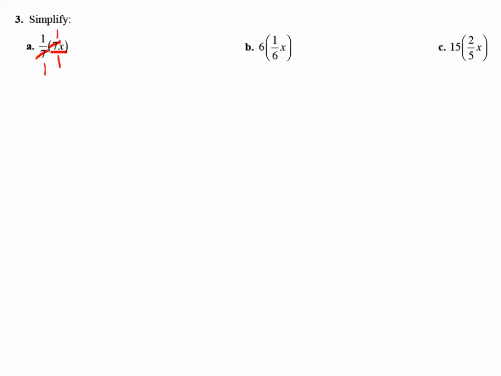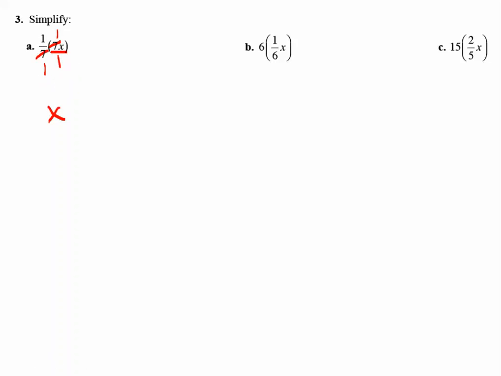Technically I'm dividing by 7 on top and dividing by 7 on the bottom, which leaves a 1 on top and a 1 on the bottom. Whenever you're left with just 1s on the bottom, you don't really need to put a 1 there anymore. That means you just have one whole piece. But on top you have a 1 times x. In this case, you just have x.